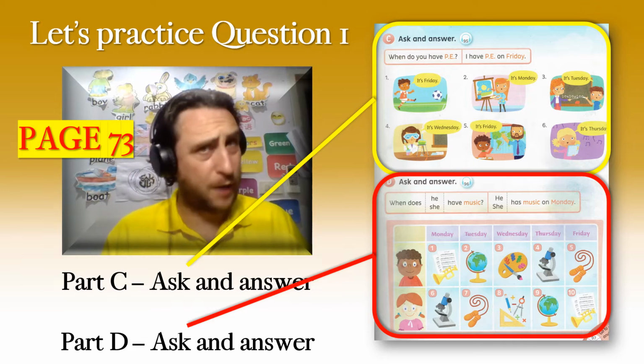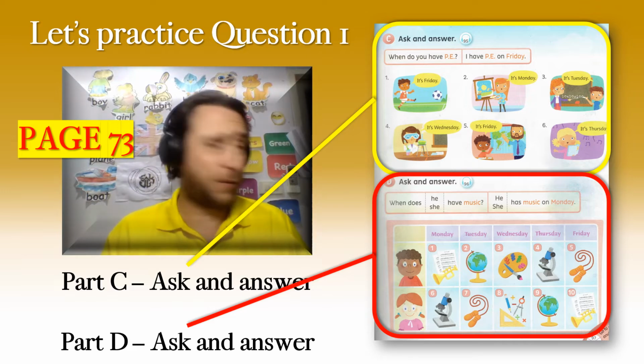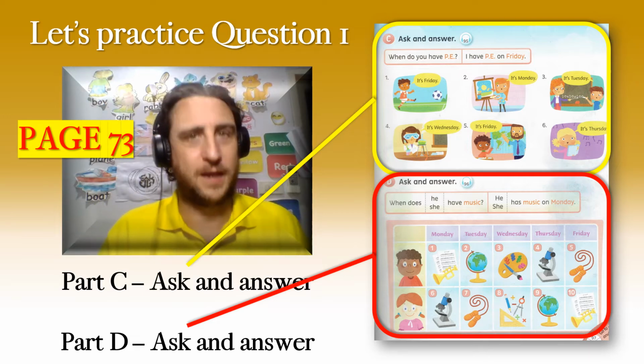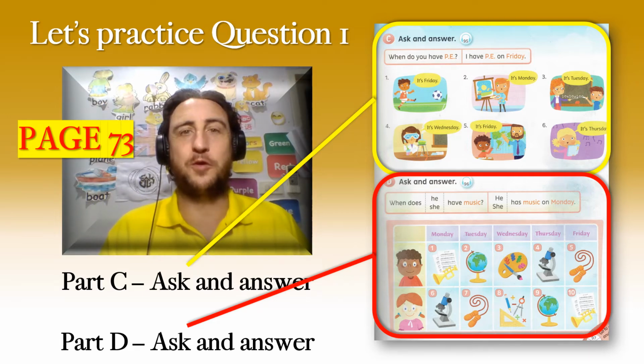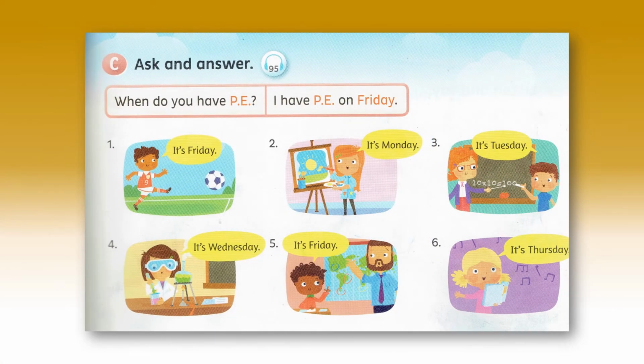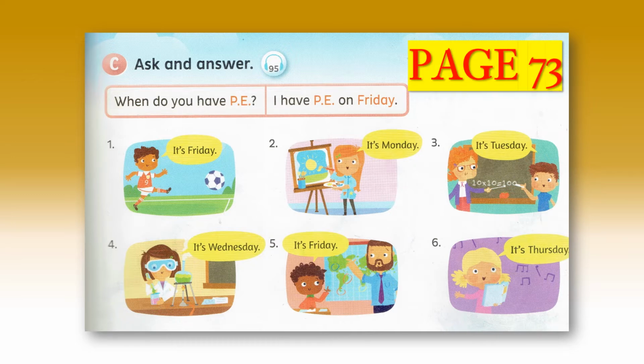Are you ready? Are you happy? You don't need a pencil, you don't need an eraser, but you do need your student book. Get your student book and then you can practice with me. Okay, go. This is part C of page number 73 in your student book. So we're going to practice the question, when do you have?